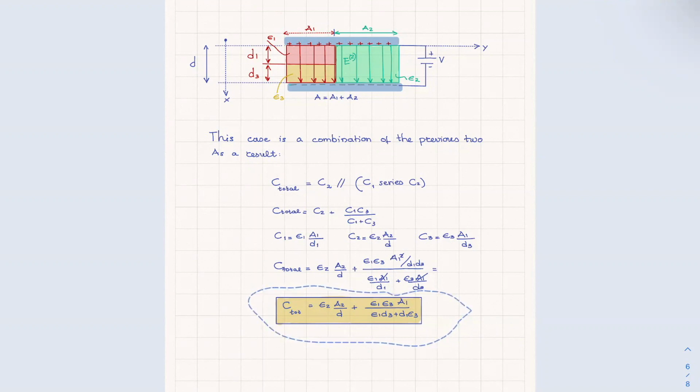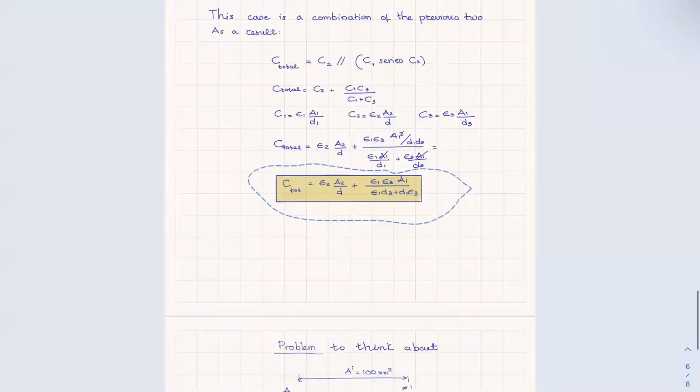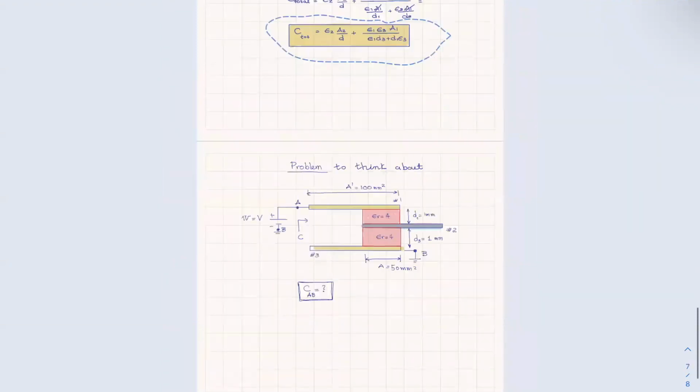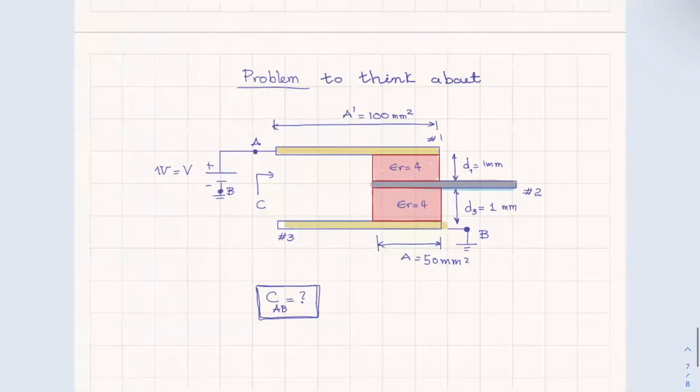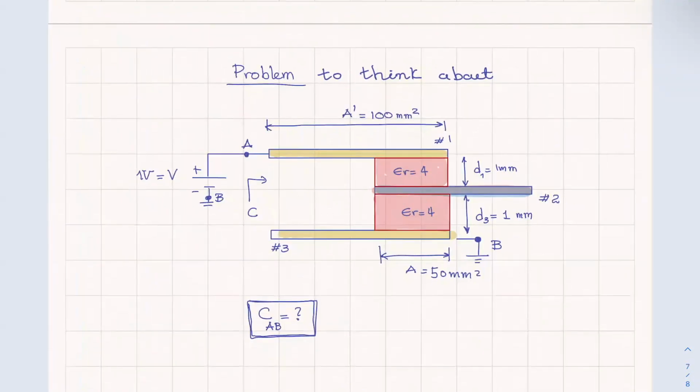The last thing that I wanted to do is, using everything that we've learned so far, to think of this problem. If we have time in class, because I would like to make some comments about the midterm, we are going to do it together.